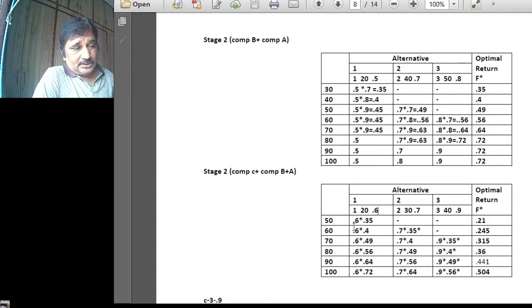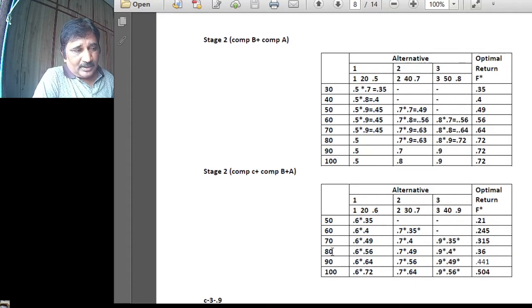All right. Now, if you assume that you have 50 rupees, and you want to use this alternative, you will be consuming 20 for this alternative, and you will be getting a reliability of 0.6.